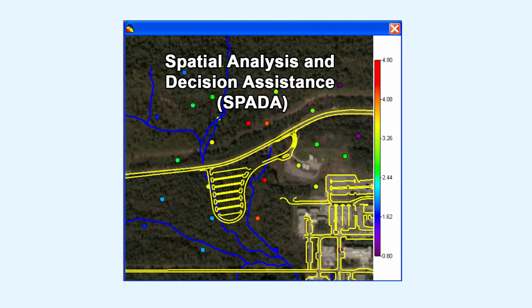Another software is Spatial Analysis and Decision Assistance (SPADA). SPADA emerges as a key resource in the dynamic world of urban planning where spatial considerations are crucial. This software provides a specialized toolkit that allows experts to analyze spatial data with unmatched precision.